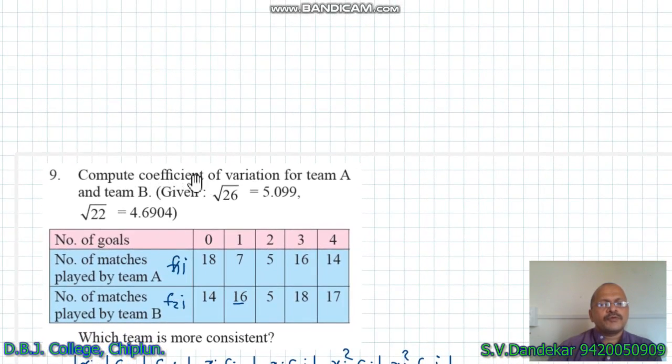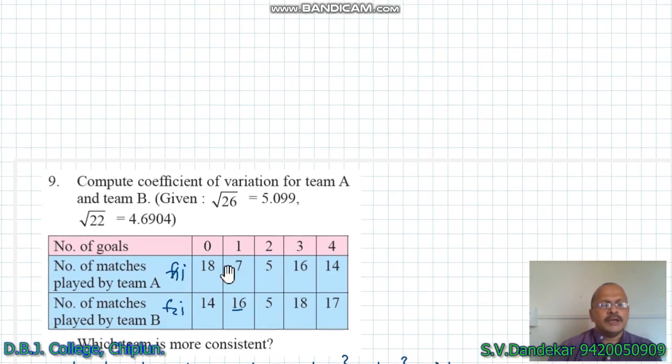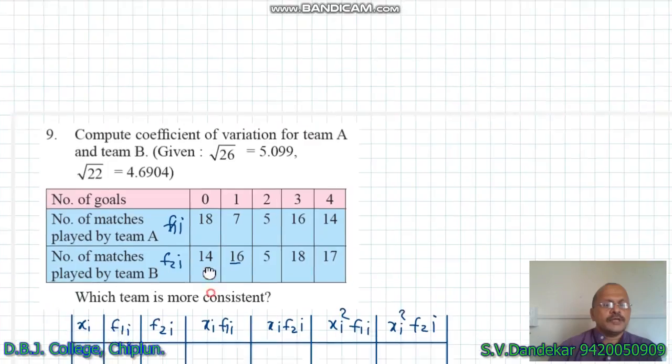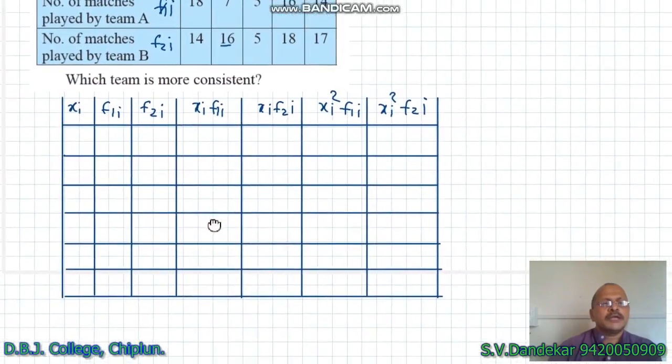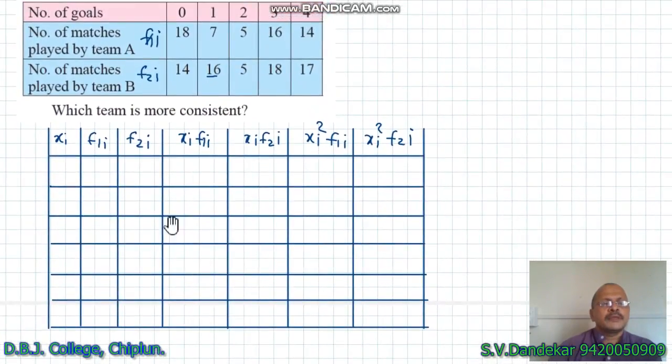For that we have to find out the coefficient of variation, and for that we have to make a table. We have to find variance and then x bar and then coefficient of variation. Let us make a table. In this Xi column I am taking the number of goals scored: 0, 1, 2, 3 and 4.